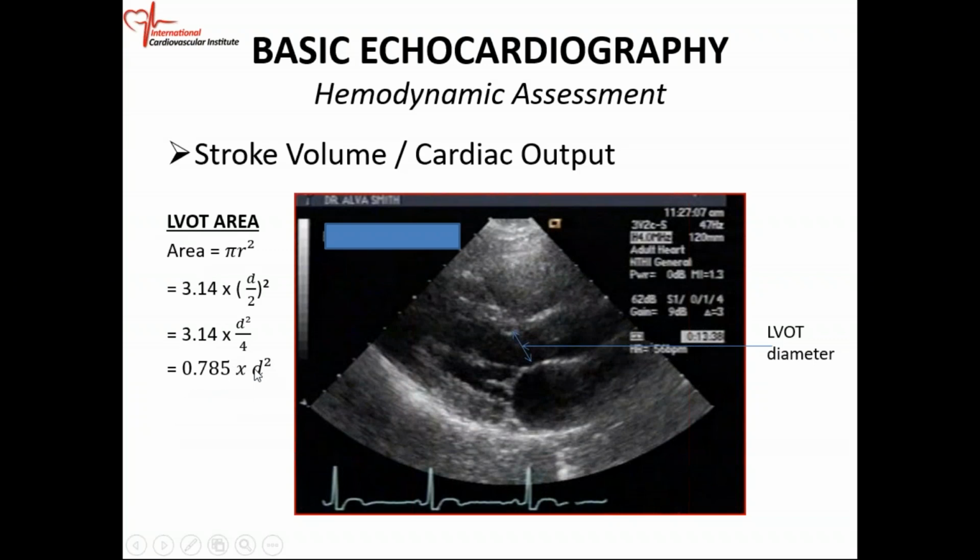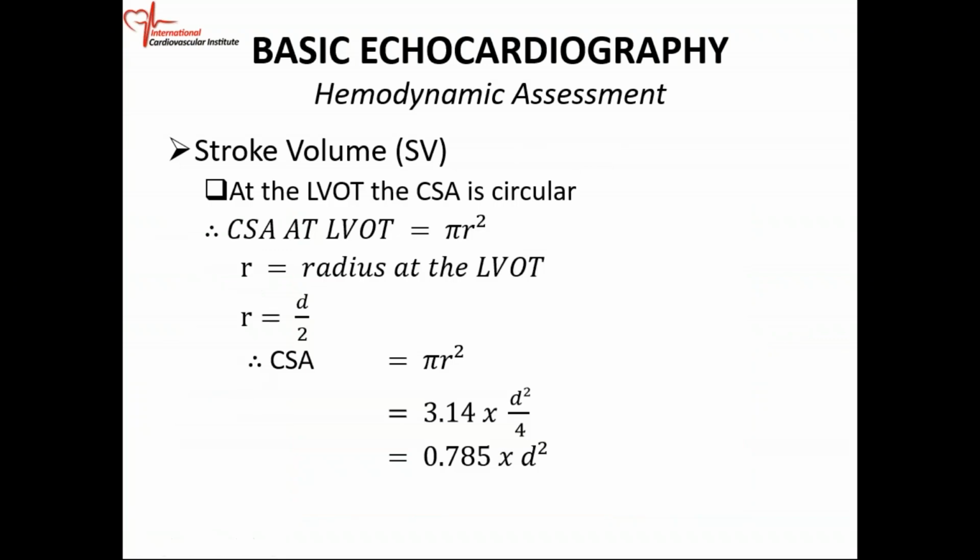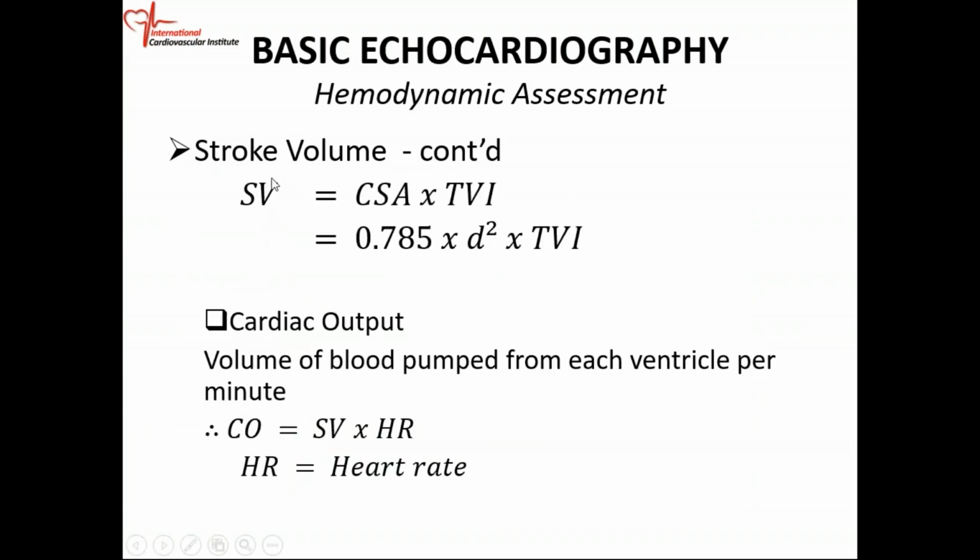So you just plug that in that equation to get the area. And then your stroke volume is 0.785 times d squared times VTI. So you can use Doppler technique along with a limited two-dimensional image, and you can get your stroke volume.